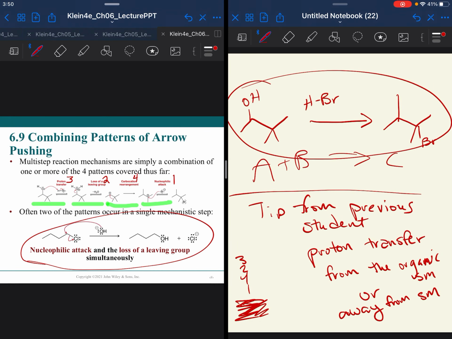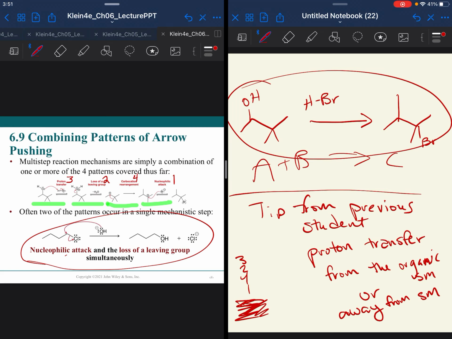There is another situation that can happen here where two patterns occur at the same time. And that is really going to come down to you learning the reactions. In this case, the OH is replacing the Cl, and you are getting that nucleophilic attack at the same time that the leaving group is leaving.